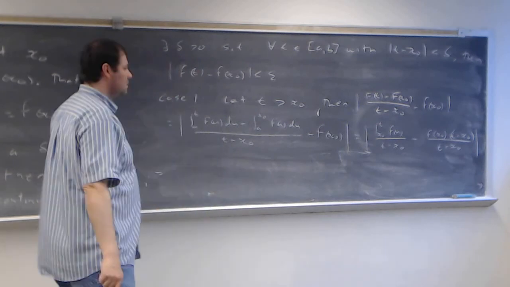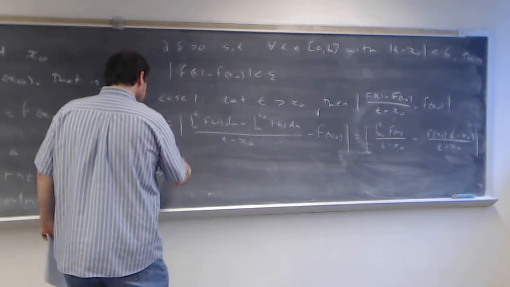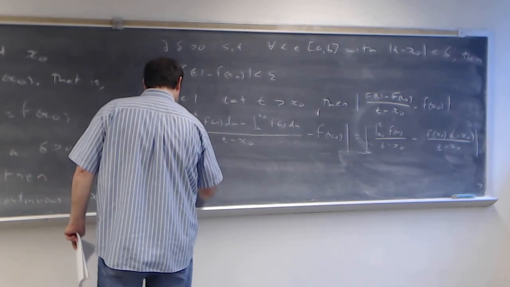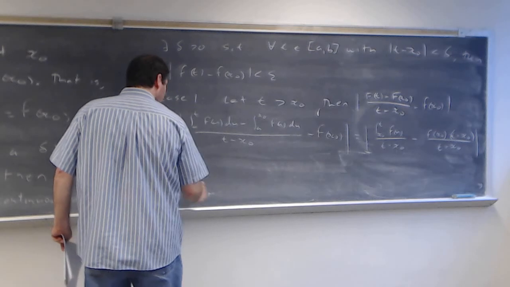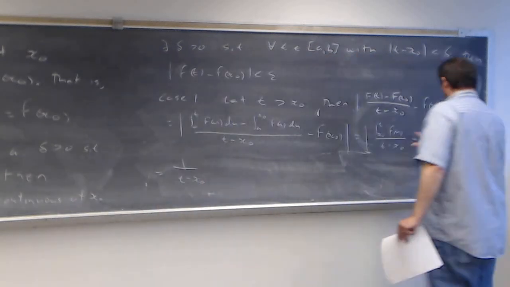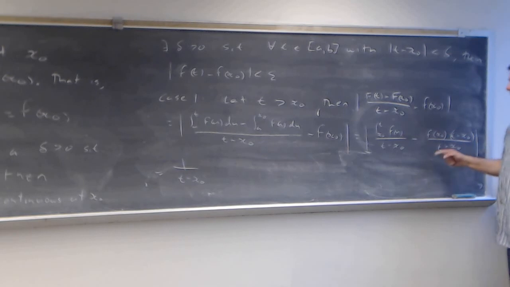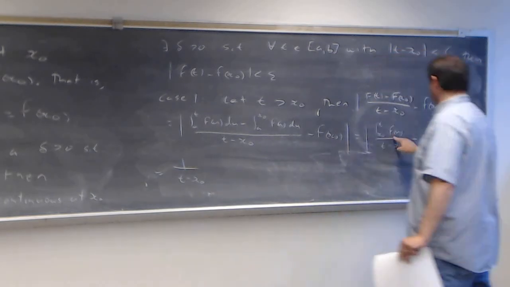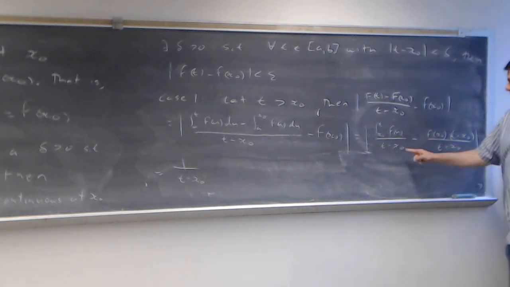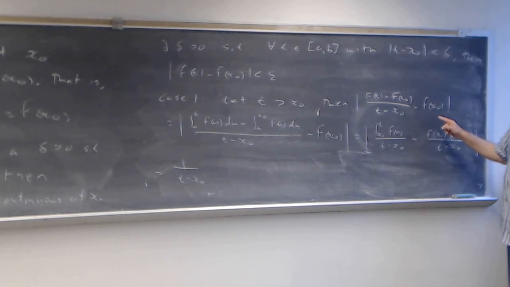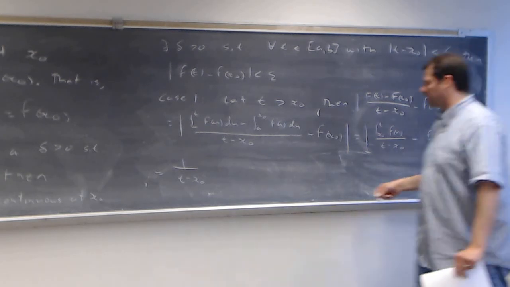Essentially, we're writing this down as one fraction, this minus this, all over the bottom. The absolute value of a fraction is the absolute value at the top over the absolute value at the bottom. I'm pulling out the absolute value at the bottom, and since t is bigger than x naught, it's just 1 over t minus x naught.